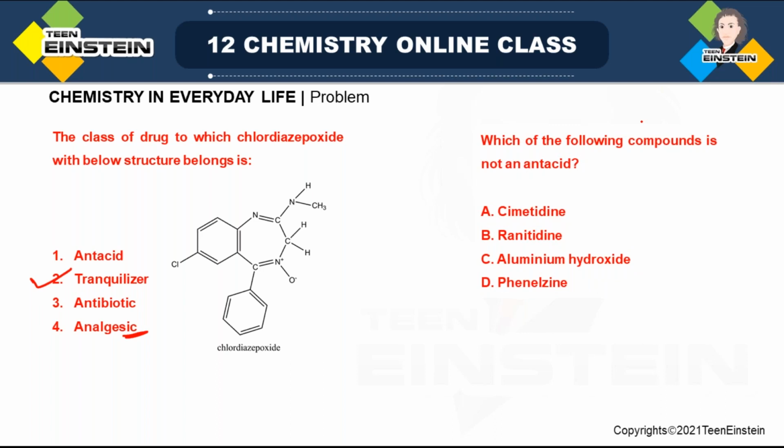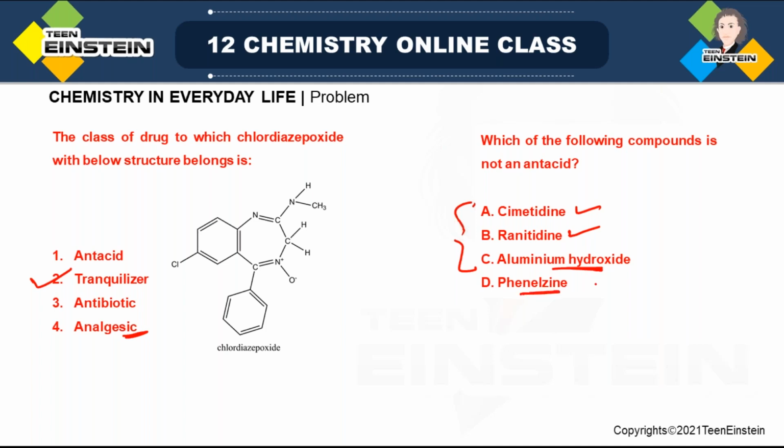Which of the following compounds is not an antacid? Cimetidine, ranitidine, aluminium hydroxide. All these 3 are basically antacids. This is also an antacid, though it is a very basic antacid. Nowadays it is not used. These 2 are the modern versions, that is, better drugs. But all these 3 are antacids, that is, they help to reduce the excess acid secretion in the stomach.